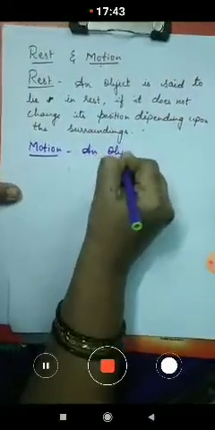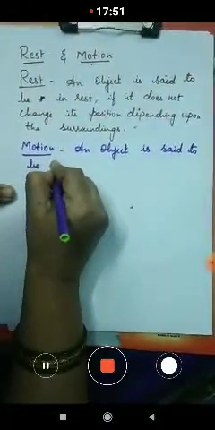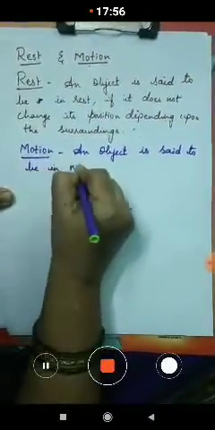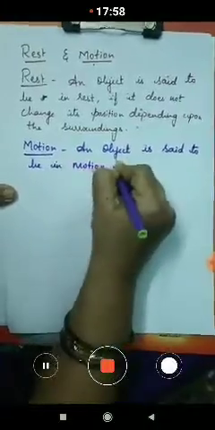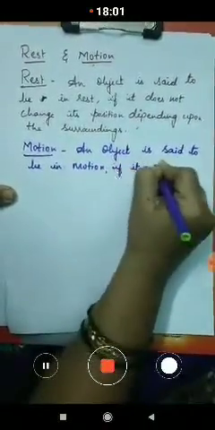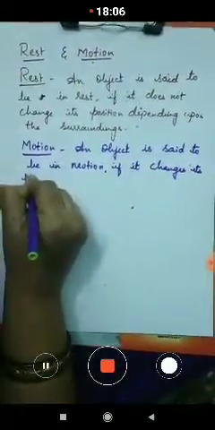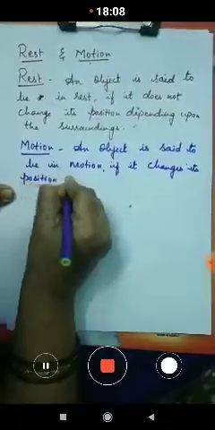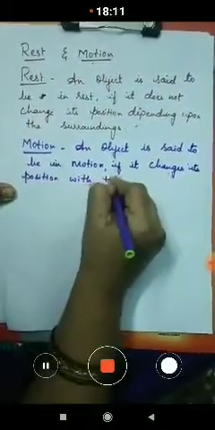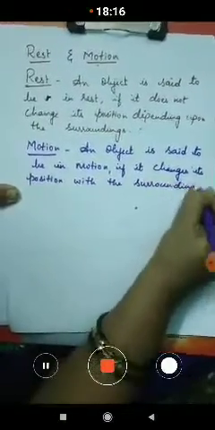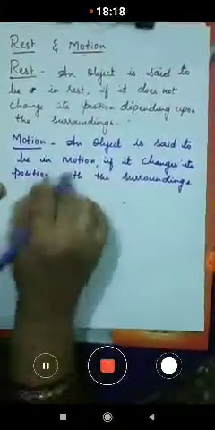An object is said to be in motion if it changes its position with the surroundings. Example, the movement of animals, birds and human beings.